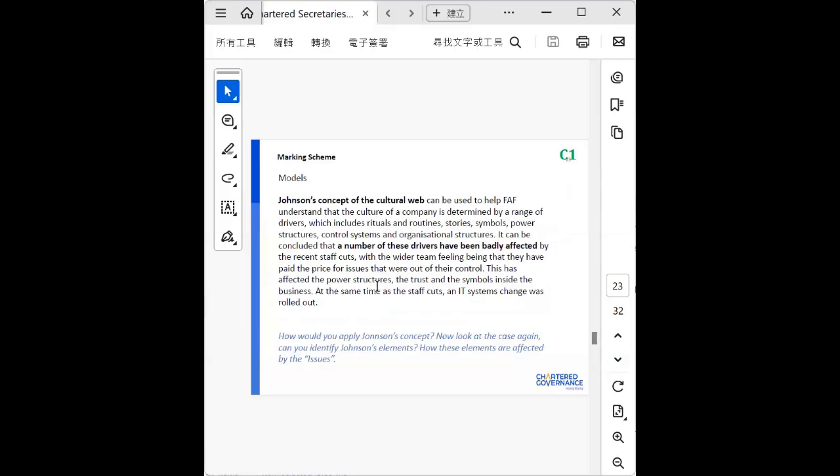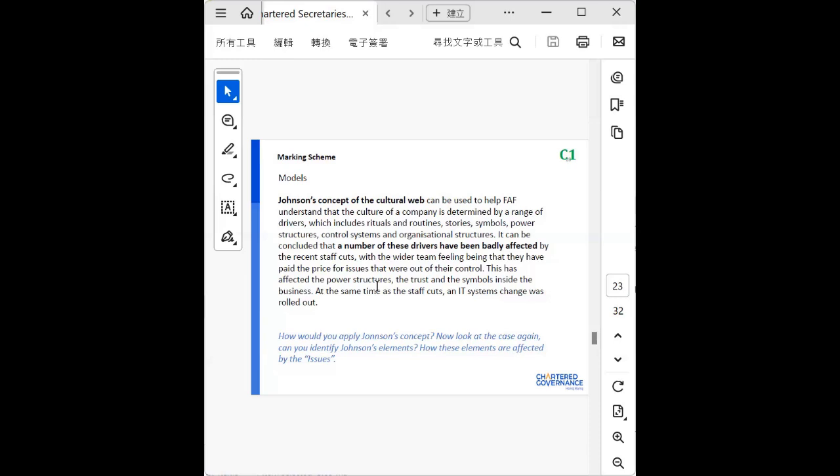Next, in your marking scheme, they asked you to discuss the culture in terms of Johnson's concept of the cultural web. Of course, you can use other models. It's up to you. But Johnson's concept can be used to understand the culture of a company. Look at the drivers that have been badly affected by the staff cuts, interest rate, and other things.